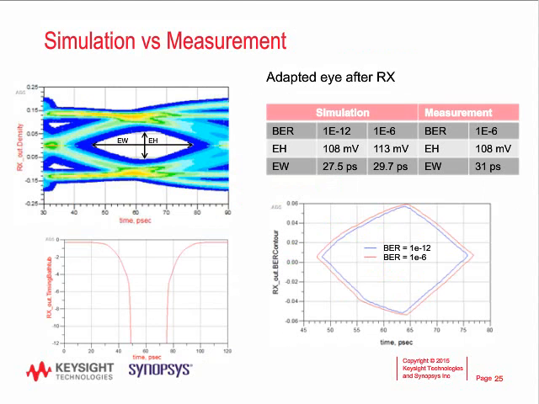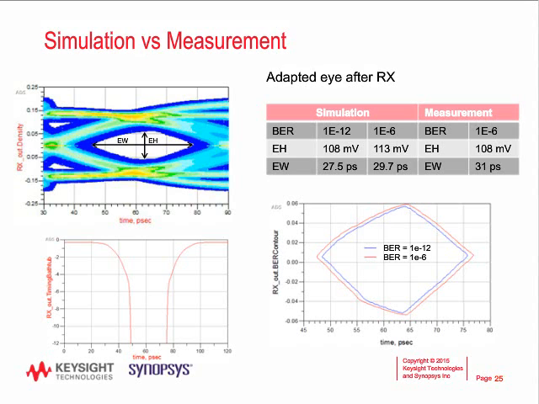Now let's look at our simulation and measurement results and compare them. So we have them on the same slide, and we want to see what we get. As you can see in the table at the top right, there is very close correlation between simulation and measurement.